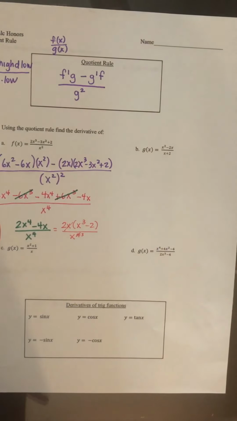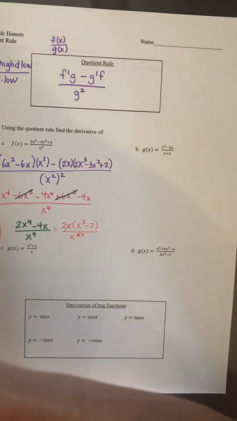Let's take a look at letter B. Again, quotient rule, I don't think it's as hard, but you know what? Let's see what happens.